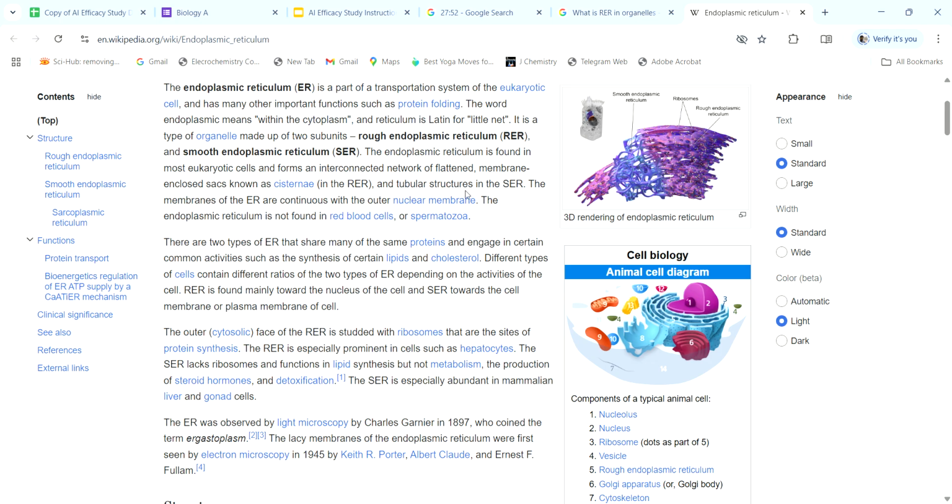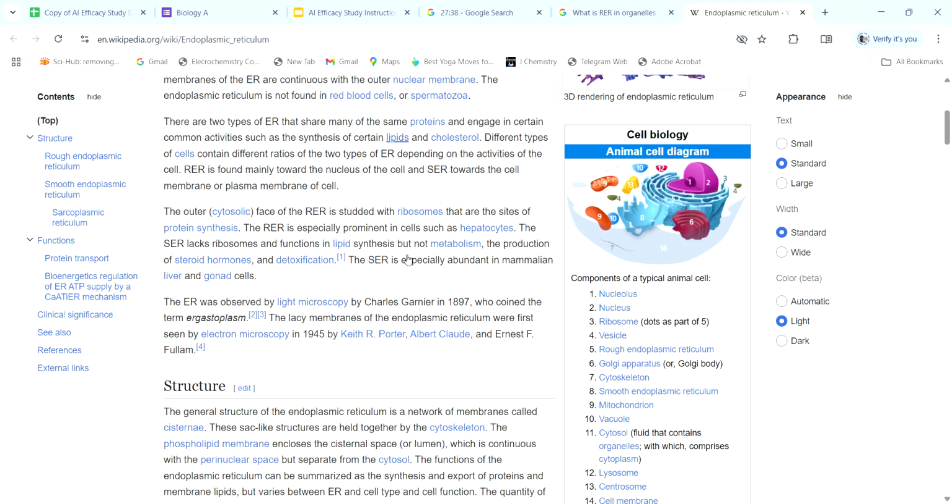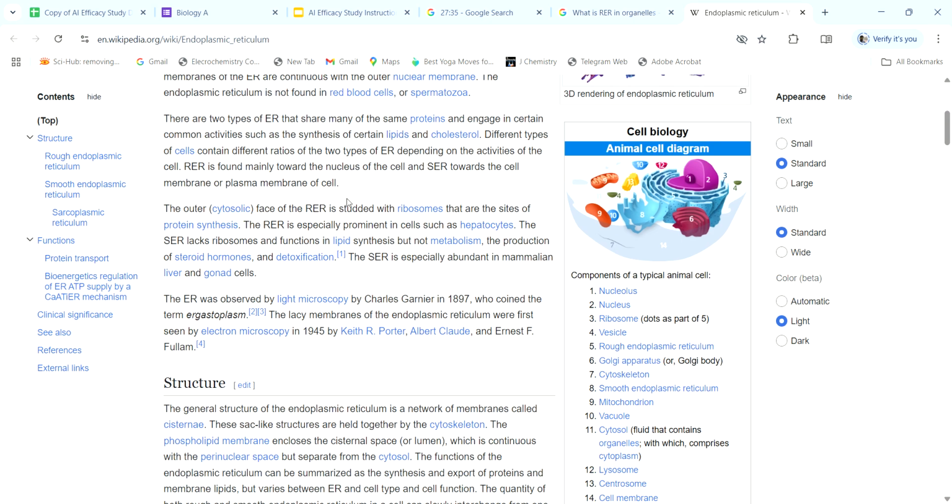The membrane of the ER is continuous with the outer nuclear membrane. The endoplasmic reticulum is not found in red blood cells or spermatozoa. There are two types of endoplasmic reticulum that share many of the same proteins and engage in certain common activities such as the synthesis of certain lipids and cholesterol.